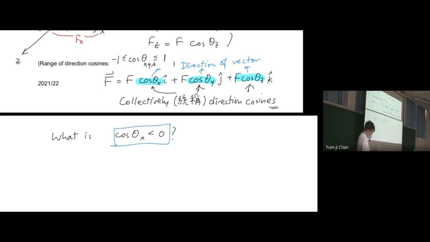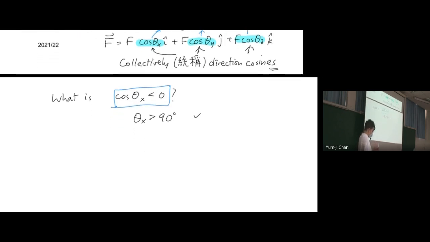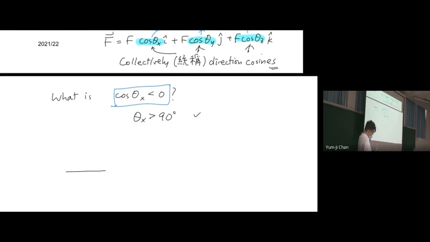So if cosine theta x is, for example, smaller than 0, what do we know about theta x? Very good. So one of our friends say theta x is larger than 90 degrees. And what does it mean on the graph? Let's draw a 2D diagram here.